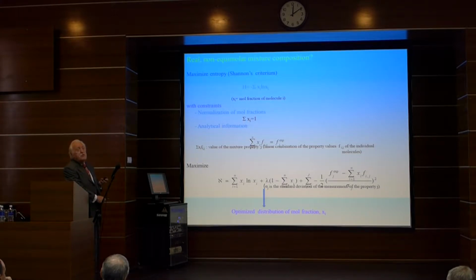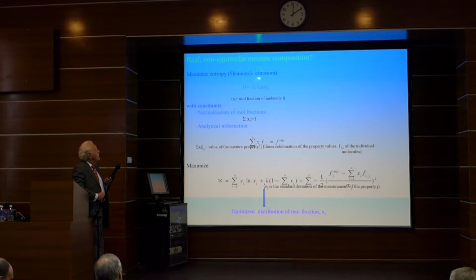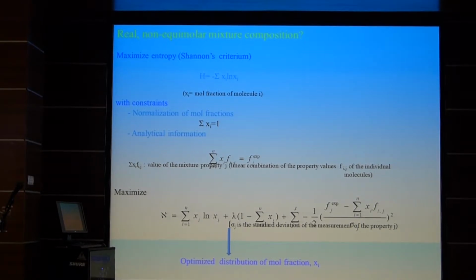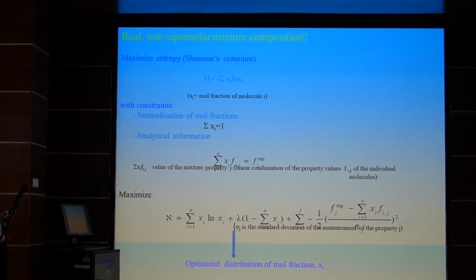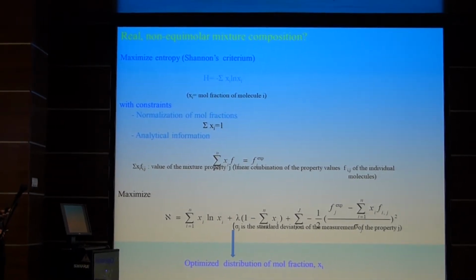In the first place, you will make the mixture different in composition, and you do that. Differences means entropy, and you maximize Shannon's criterion for the entropy. So you maximize the differences between the properties of the molecules that you have generated. And how do you do that?